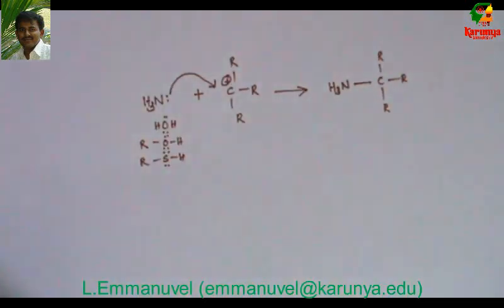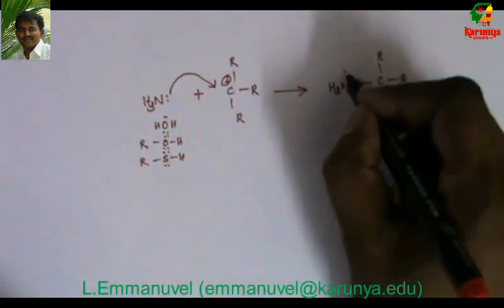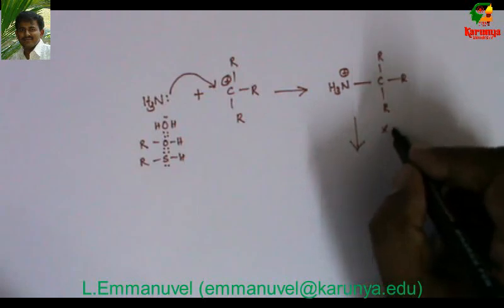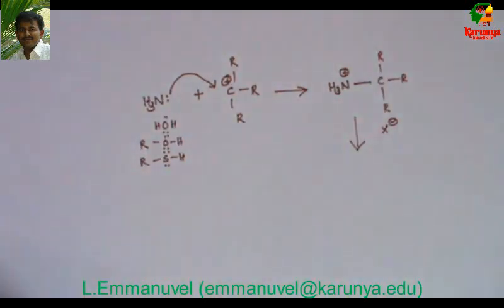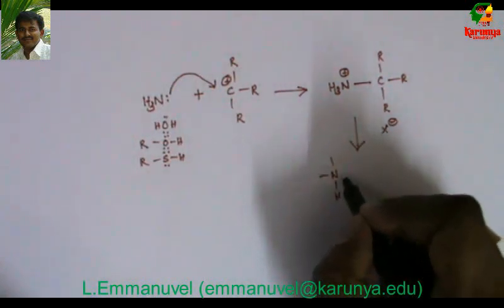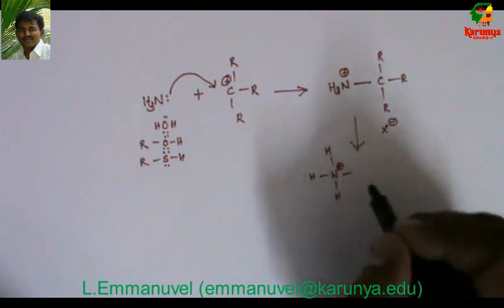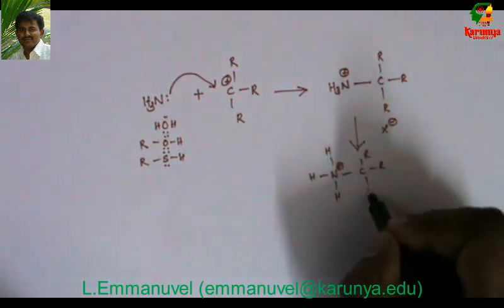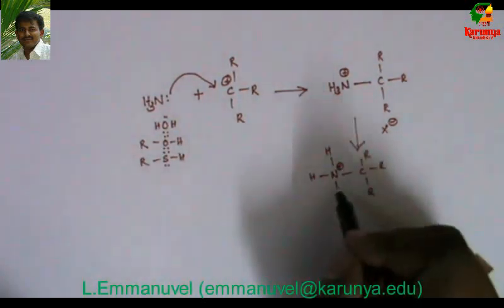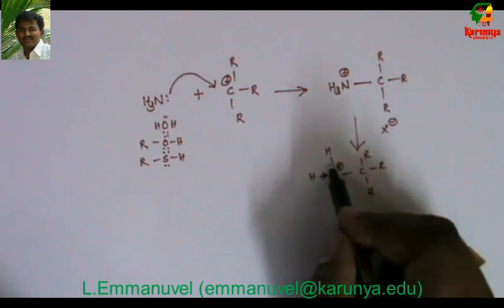What about the lone pair of electrons? It is lost. So what we write is plus. This plus refers to the loss of the lone pair of electrons. Further, some X minus negatively charged species will take this proton because the positive charge on nitrogen tries to pull the electron towards it.